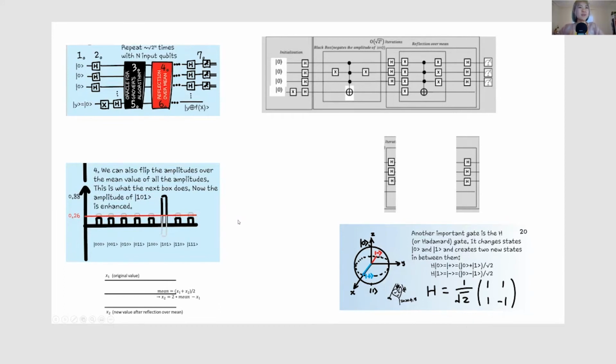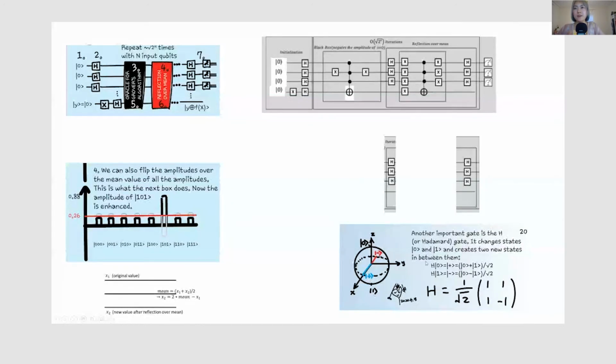So if this is the first time you see Grover's algorithm, this may be a little mind-boggling. How is it allowing you to flip over the mean? So the H gate, remember that when we looked at the single qubit gates, when we introduce H, it allows you to go from 0 to plus and 1 to minus.